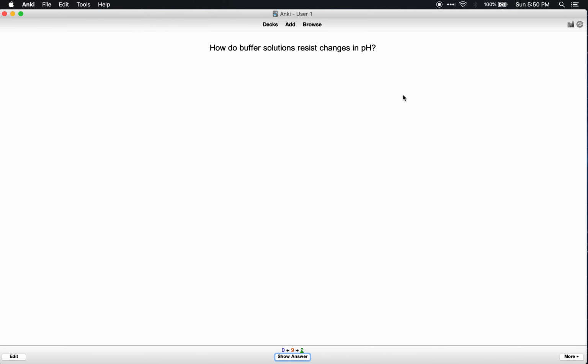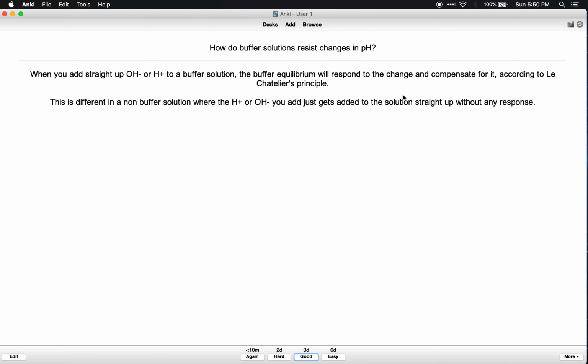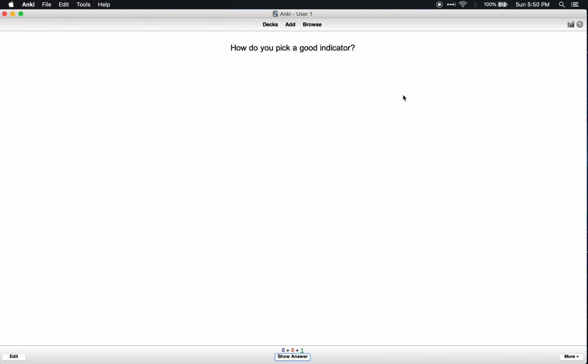Buffers use Le Chatelier's principle, and any changes in H plus or OH minus will be counteracted by the equilibrium of the buffer solution. How do you pick where the color change is within the pKa range you expect it to be?